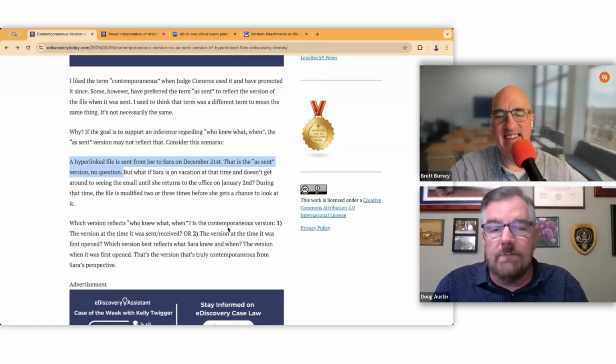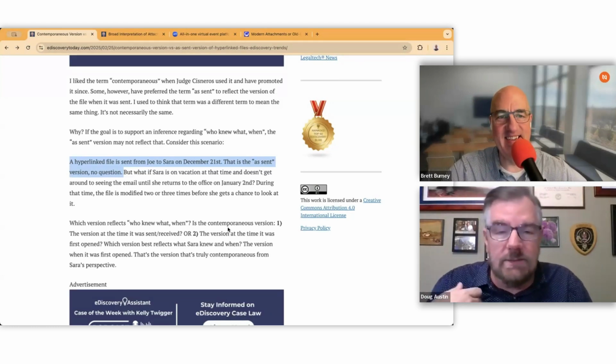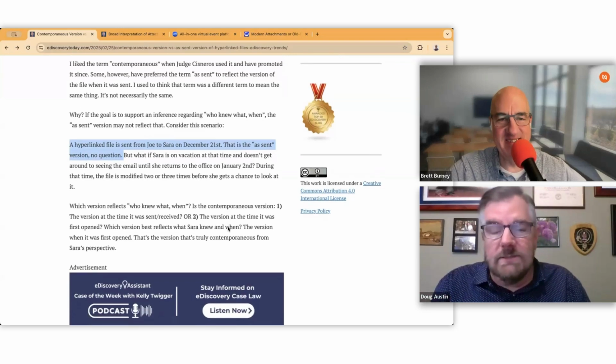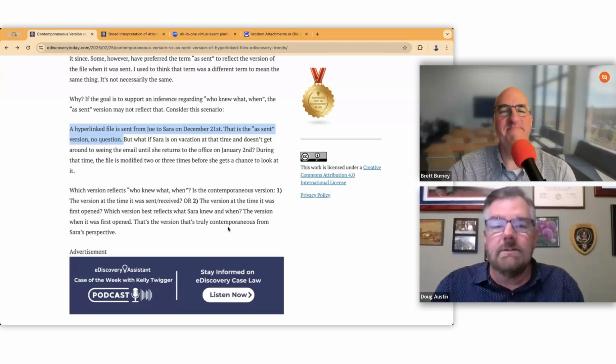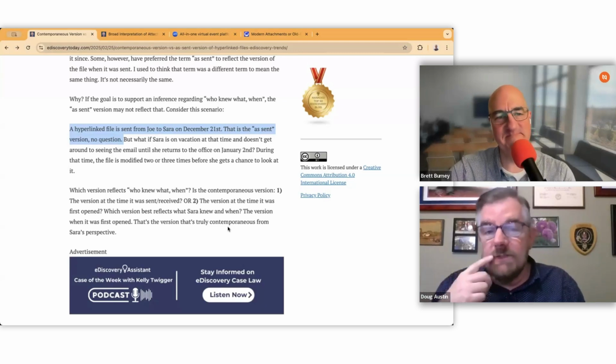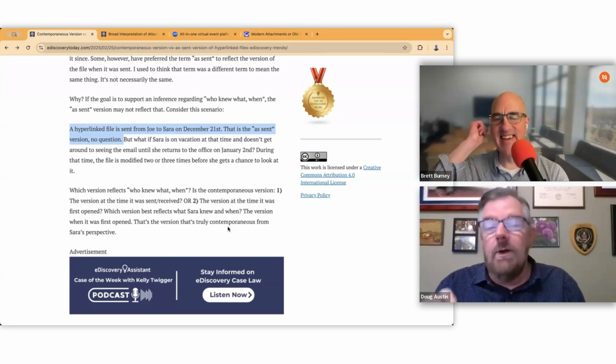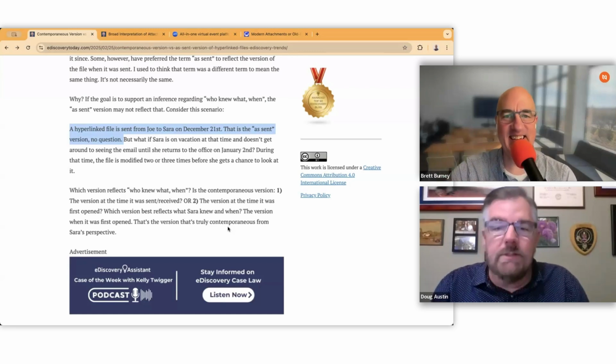During that time, that file's modified two or three times before she gets a chance to look at it. So what she's going to see when she clicks on that link isn't the as-sent version. It's going to be the version as it exists at the time. So then the question is, is the contemporaneous version the version at the time it was sent or received, or the version at the time it was first opened?